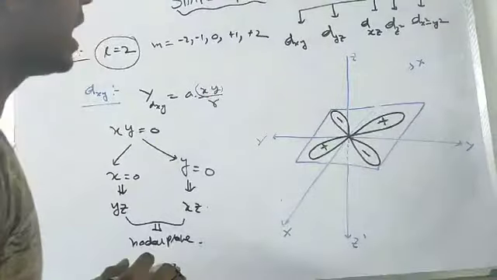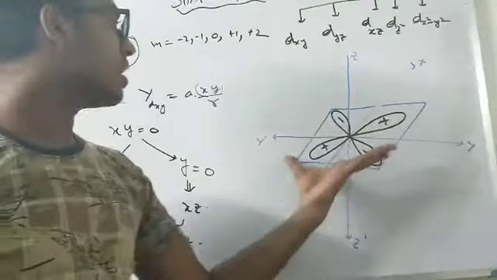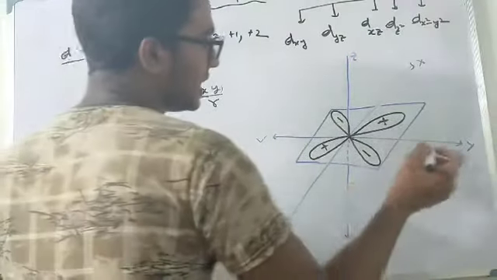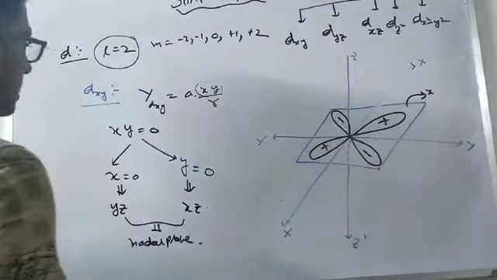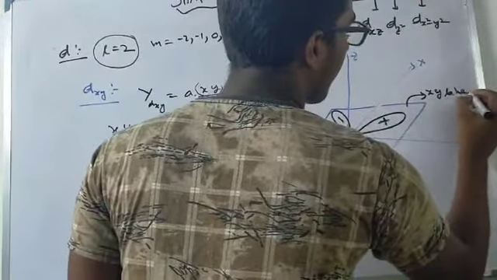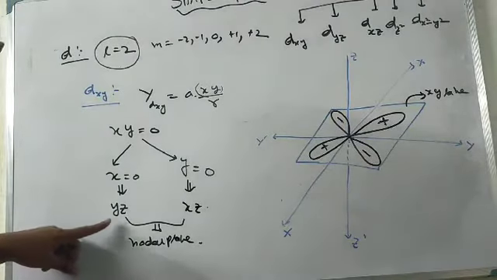Now look at this shape. This orbital is basically present on the xy plane. And what is the nodal plane? This is yz.